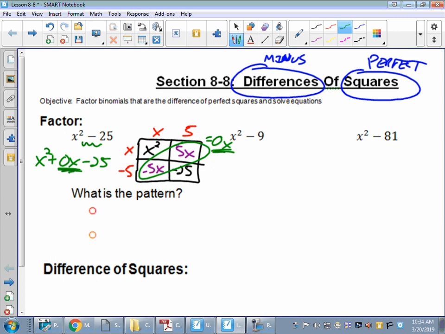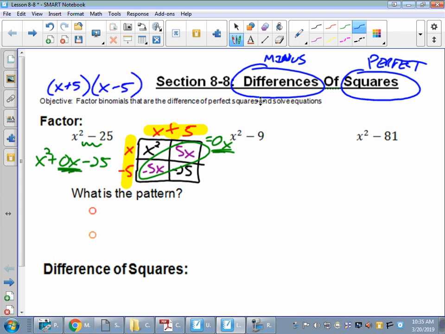So our factors are good to go. Here's a plus 5, and here's a negative 5. So the factors would be x plus 5, x minus 5.